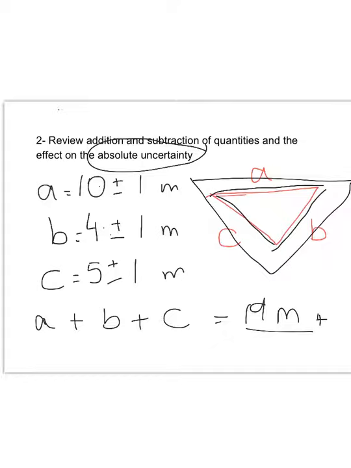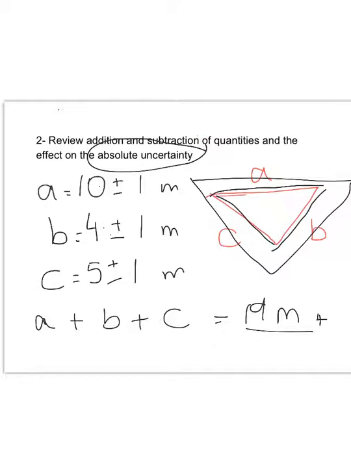So what I need to do now is to apply the rule, and the rule for addition and subtraction of quantities is that you add the absolute uncertainties.